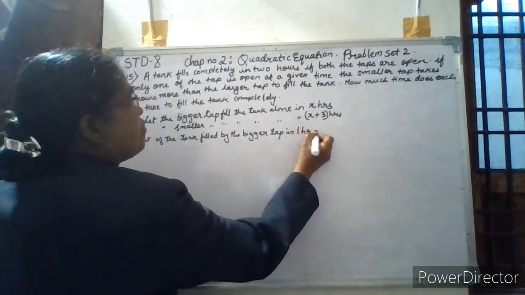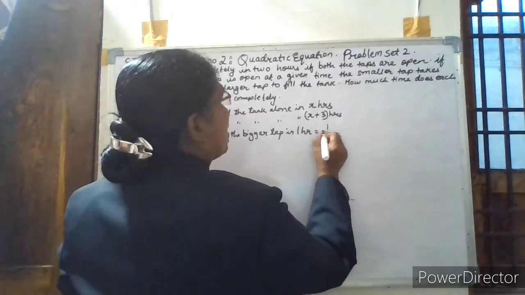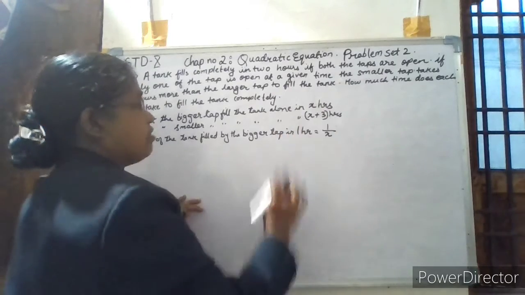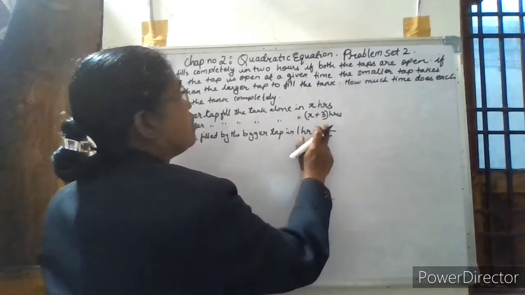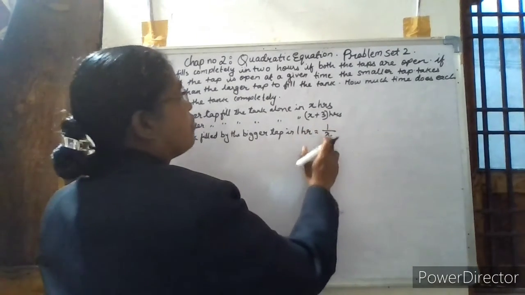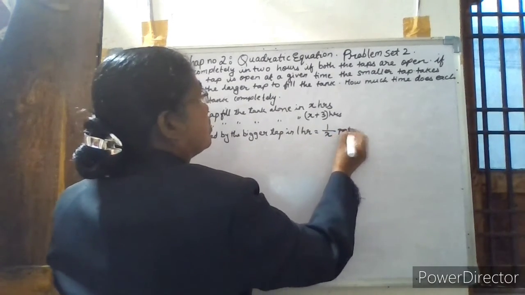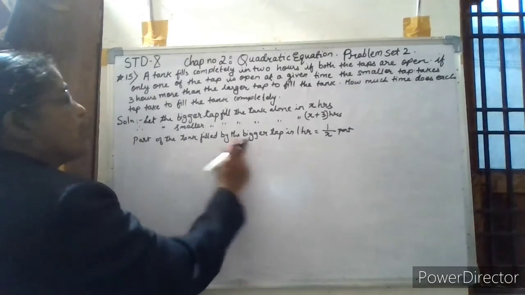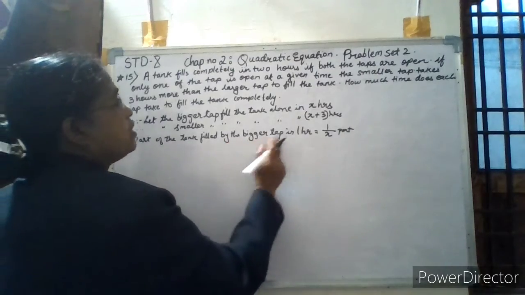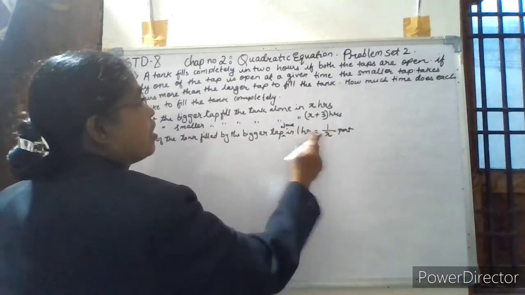That is equal to 1 by x, because to fill the full tank it takes x hours. So 1, considered as the capacity of the whole tank, divided by x is the part of the tank filled in 1 hour by the bigger tap alone, equal to 1 by x part.